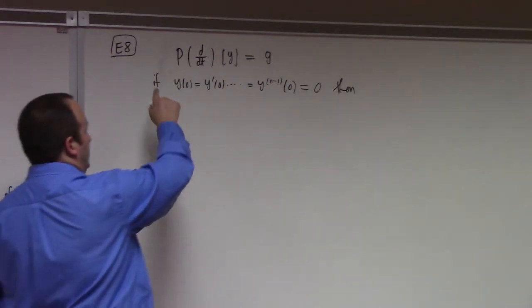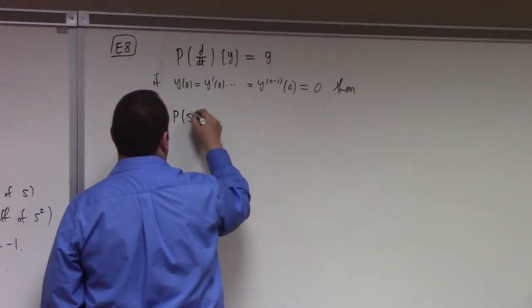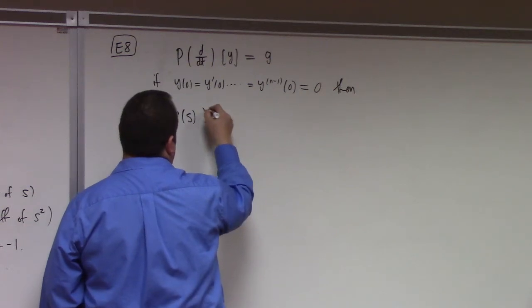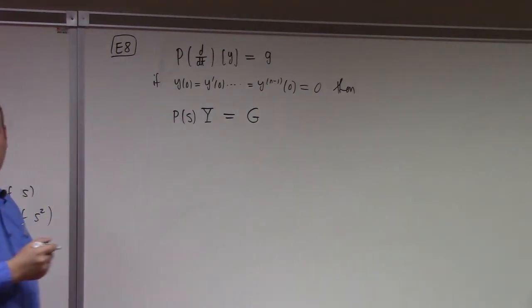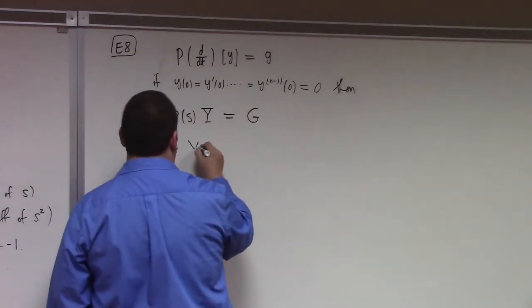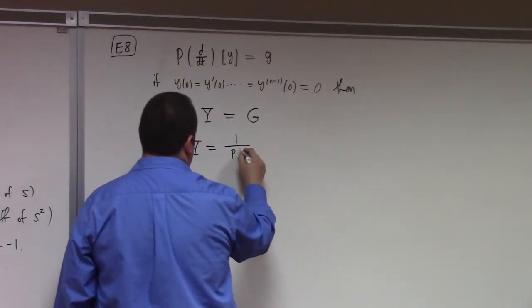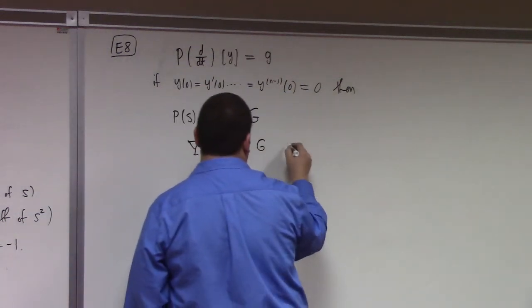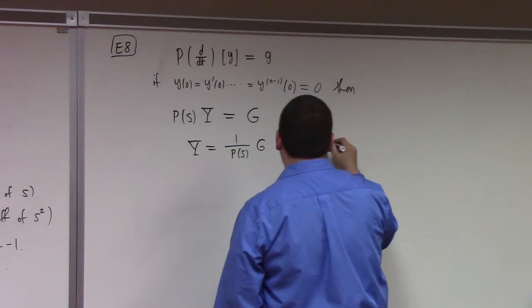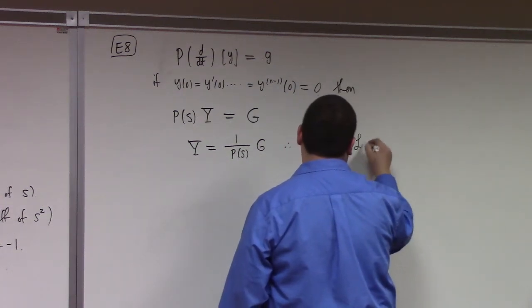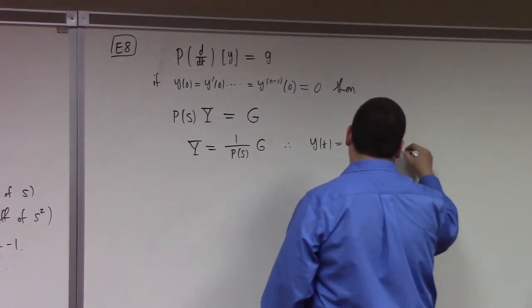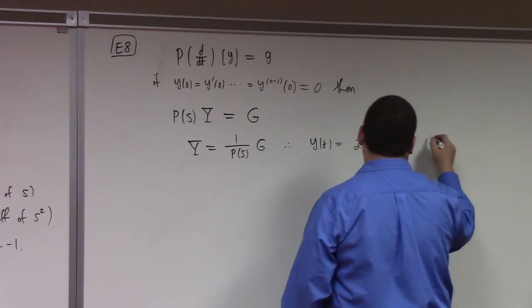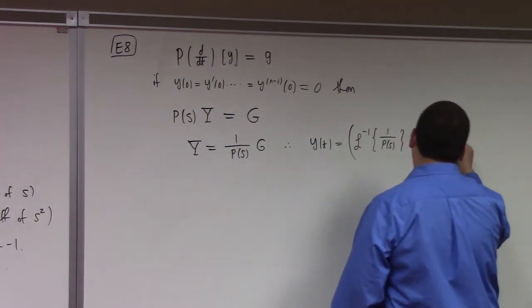So we have the polynomial of s multiplied in the s domain by big Y equals the Laplace transform of little g, which we call big G. Then y is 1 over the characteristic polynomial in s times G, and therefore little y of t is the inverse transform of 1 over p of s convolved with g, and that's our solution.